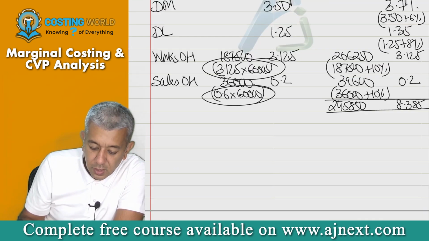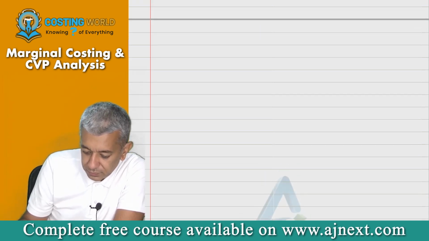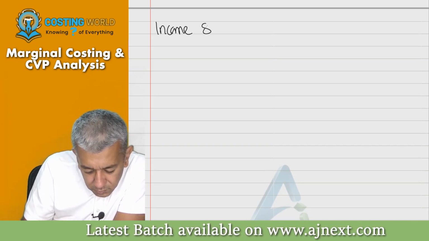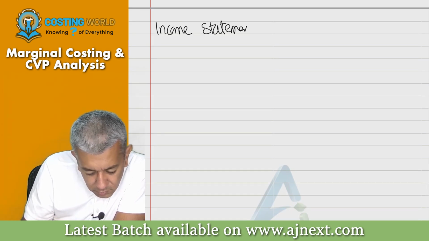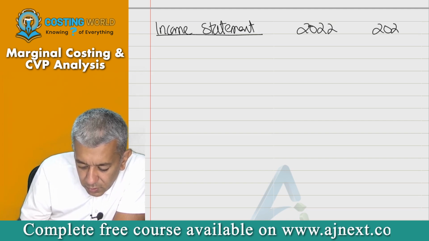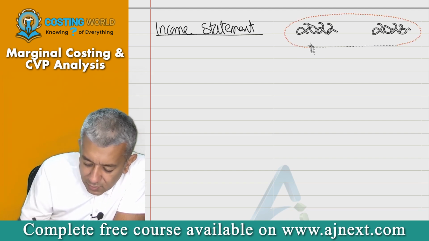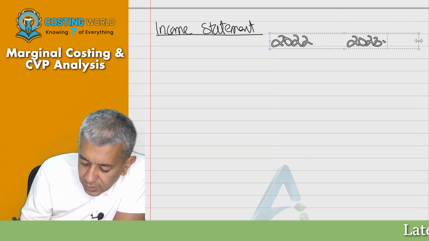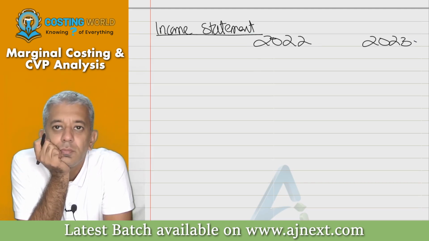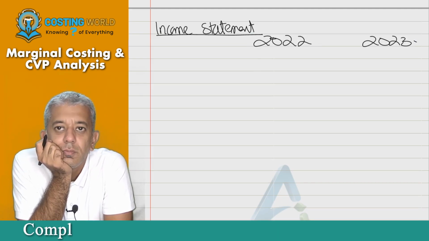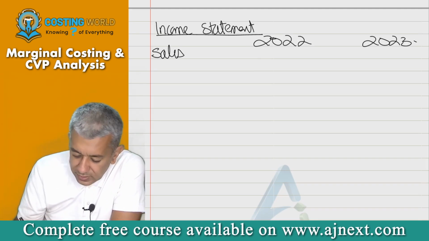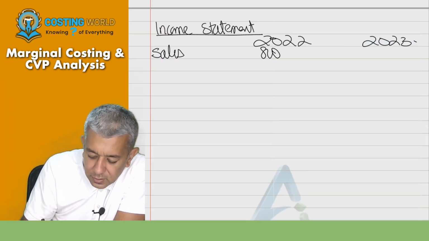Listen. Write down please. Question number 14. Income statement. Almost from here only I will get you the entire thing that we all want. 2022, 2023. Just keep a good gap between them. Sales 8 lakhs.